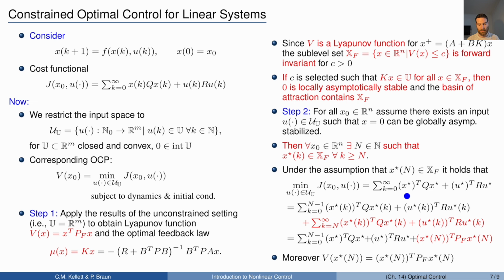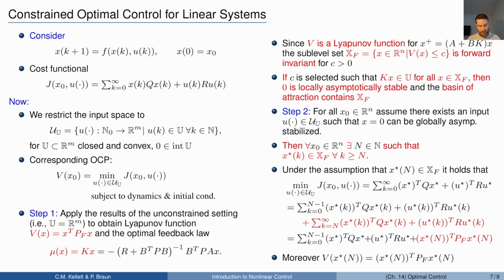For simplicity, here we have removed the time argument. Then I have this sum from 0 to infinity, which I can simply split going from 0 to N minus 1 and then from k equal to N to infinity. So the step we've taken here is simply splitting the sum into two components.